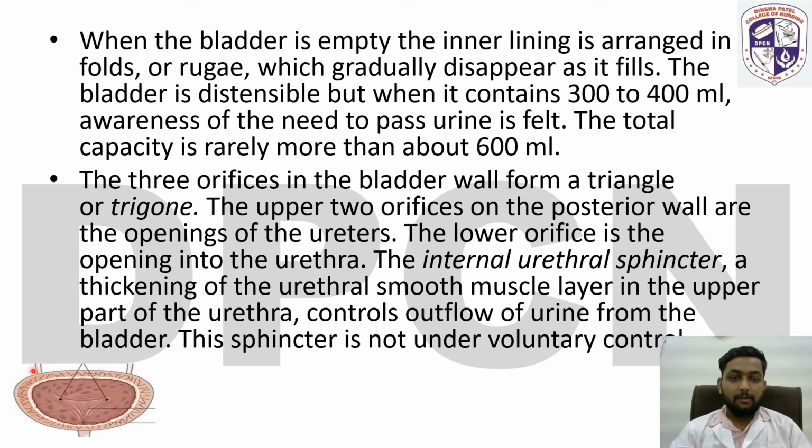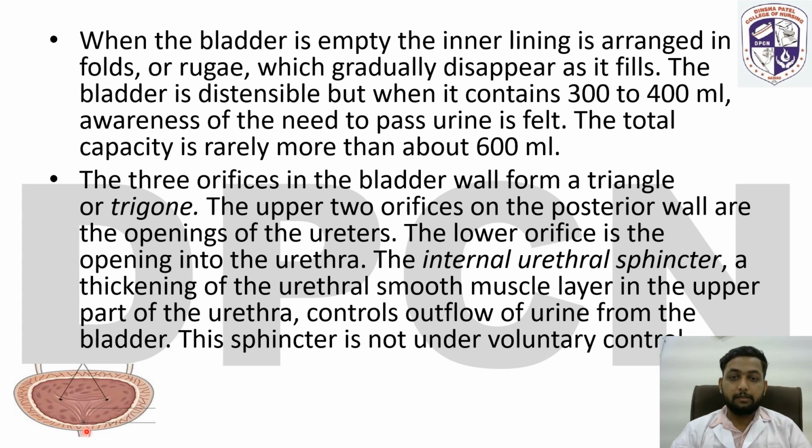These are the ureters and they are connected on the posterior wall here, and these are 2 orifices. Orifice means a hole, an opening. These are the 2 ureteric openings. The lower orifice is the opening into the urethra, from where the urine will pass from the bladder.